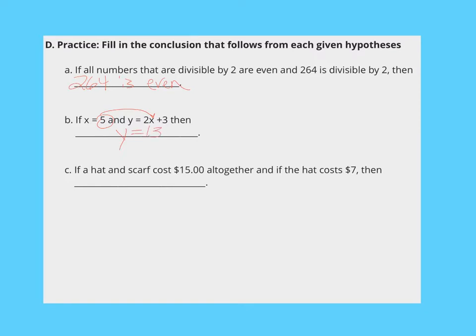And then the last example here, if a hat and scarf cost $15 together, and if the hat costs $7, then, so it's a hat and scarf, the hat is 7, so then the scarf is $8.